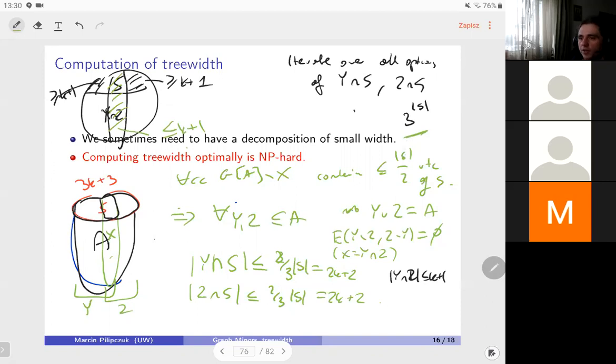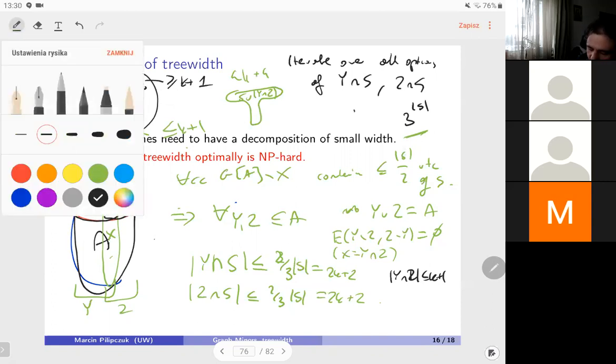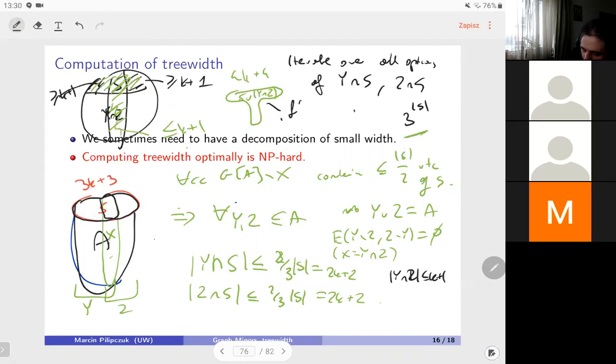Now I recurse. I make a bag that contains S union Y intersection Z. This bag has got size 4k plus 4. So I make all these vertices one bag, the bag that contains S. Then I attach to it a recursion on F of Y, and I also want Z on this side.